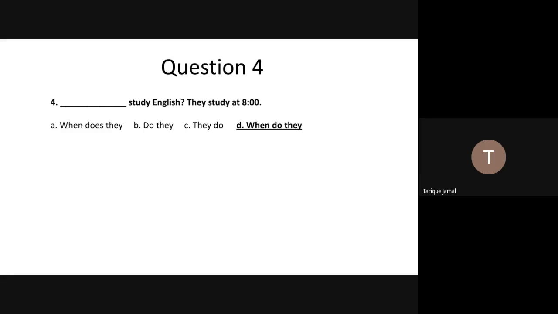Okay, number 4. When do they study English? They study at 8, right? So when does? No. Do they? They do, because that's not a question anymore, right? So when do they? Because we are talking about time. Study at 8. Teachers, right? Plural, correct?